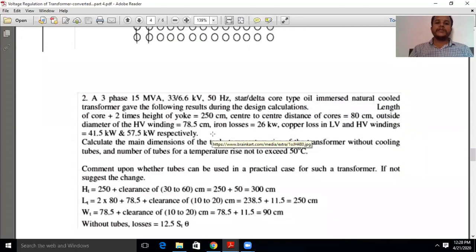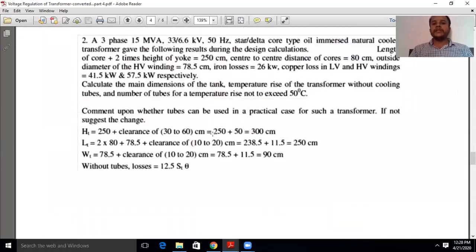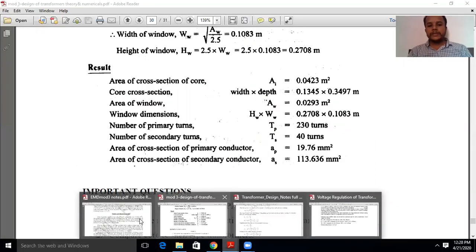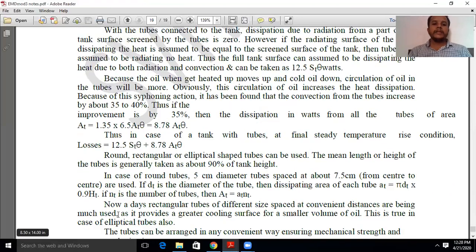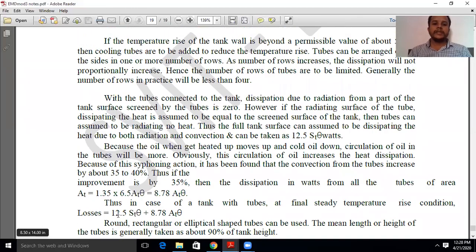So this is how we can solve the numerical on this particular transformer tank. Here we had this thing particular in the tubes, the NT.